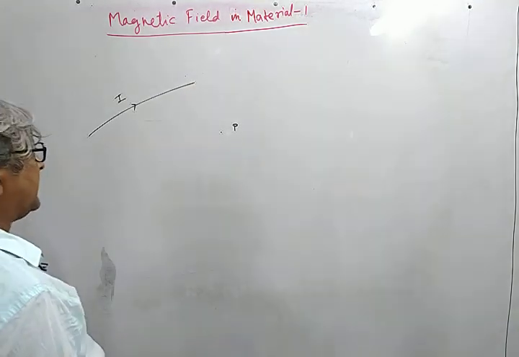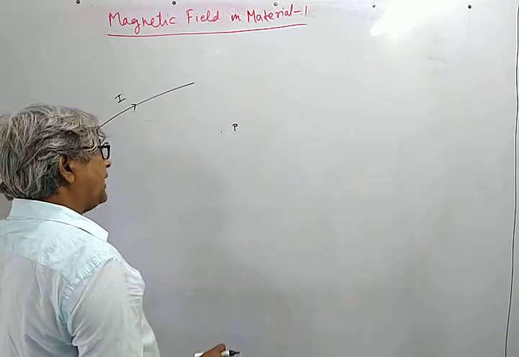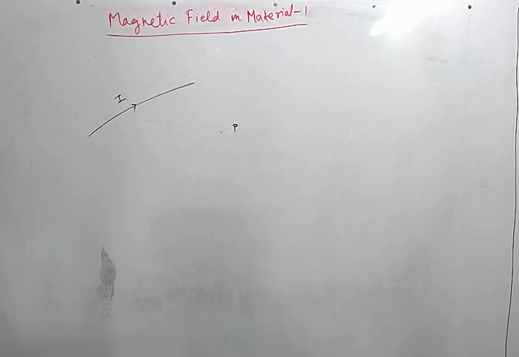So this is the magnetic field in vacuum, and we calculated the field either by applying the Biot-Savart law or the Ampere circuital law. An alternative way of calculating the field was via the introduction of vector and scalar potential.